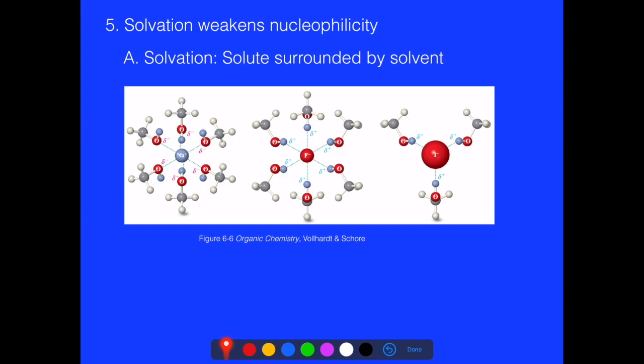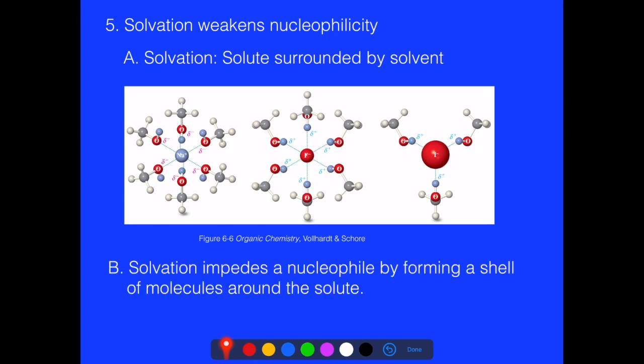Because remember, to act as a nucleophile, it's got to be able to move and attack, or be attracted to a partially positive carbon. But in this case, it can't move as well as the iodine. So the point is that the solutes, sodium, fluorine, iodine, are surrounded by the solvent. In this case, it happens to be methanol, but it could just as well be water or something else.